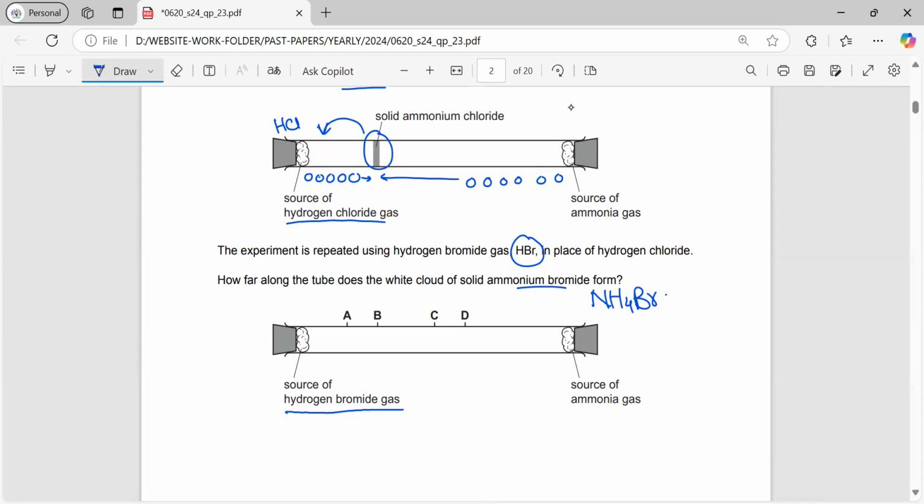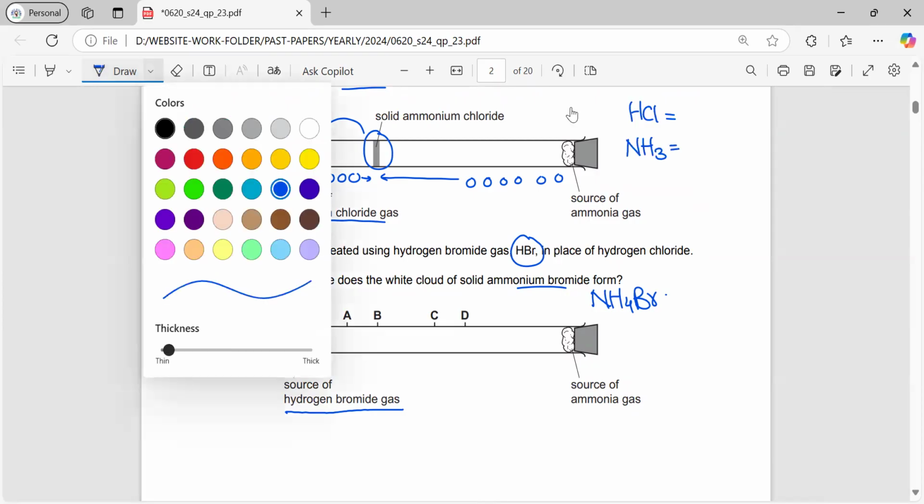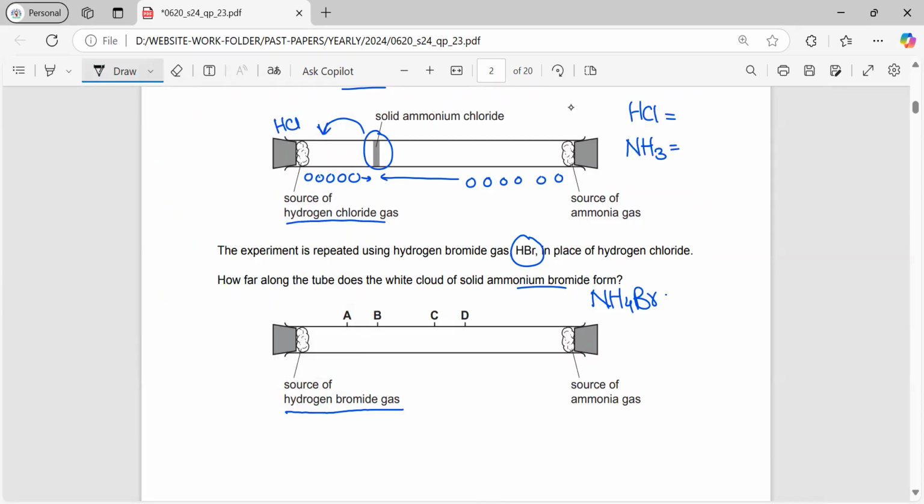Let's see. For the diffusion, for the movement of particles, we have to see whether the particles are heavier or lighter in weight. If we see for hydrogen chloride and ammonia, the molecular mass of these two compounds: hydrogen is 1 and chlorine is 35.5. So the molecular mass of HCl will be 36.5.